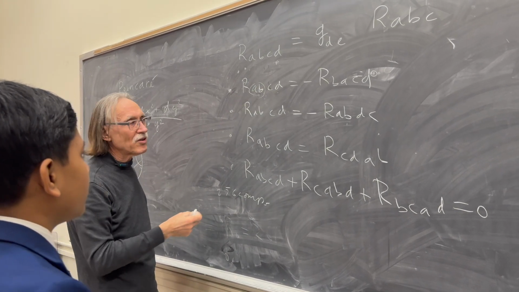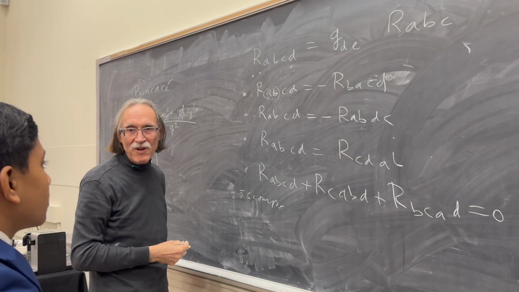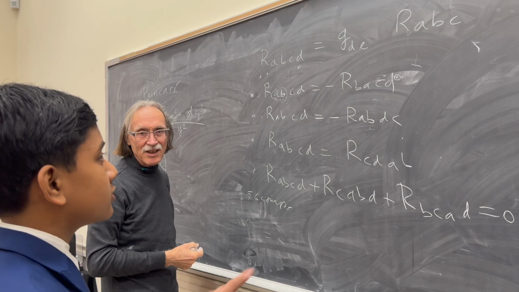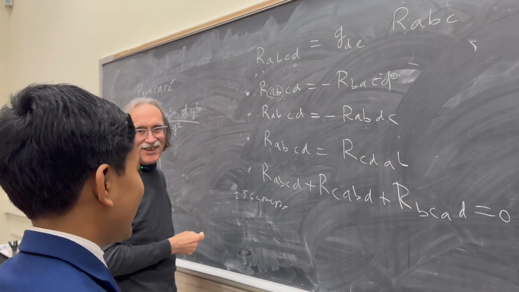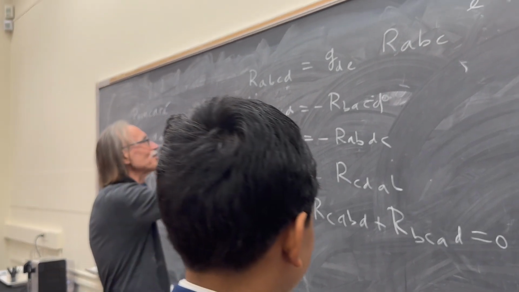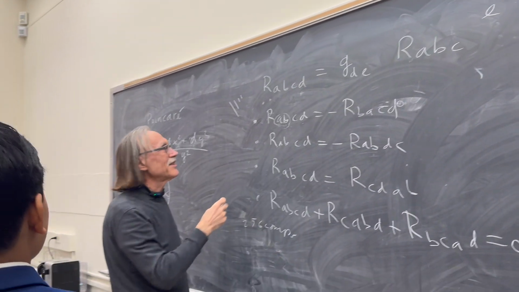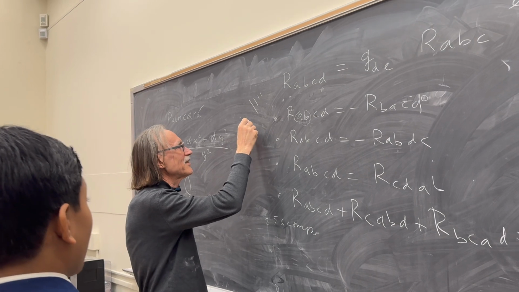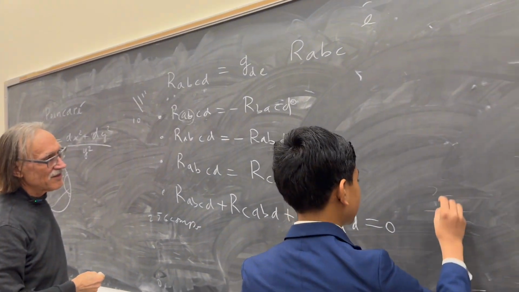Each of them can run from 1 to 4, so 16. But it is symmetric, so you have a symmetric matrix: 4 plus 3 plus 2 plus 1. There are 10. You just can't flip, like 1, 1, 2, 2, 3, 3, 4.